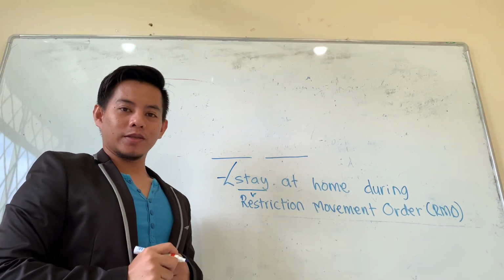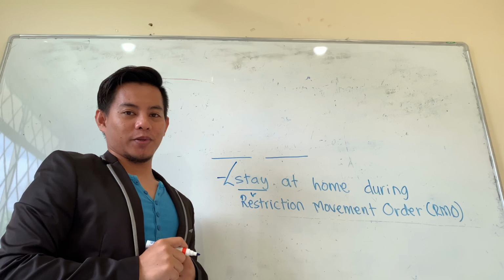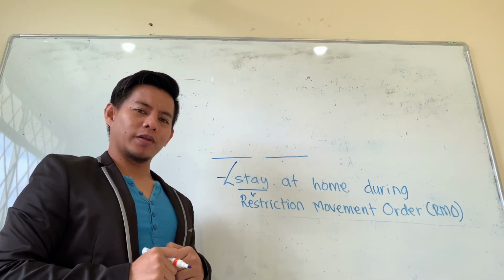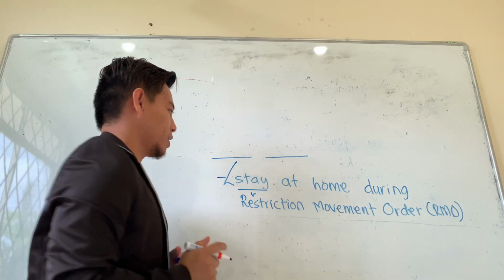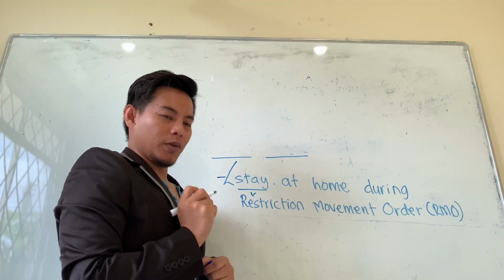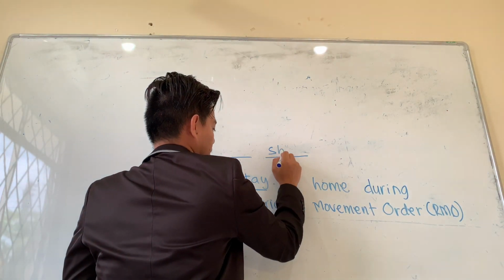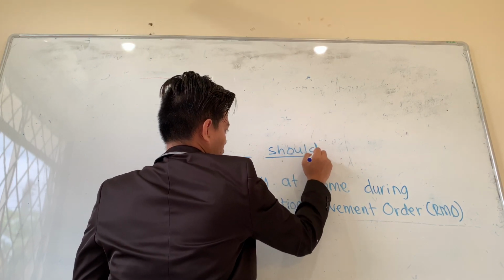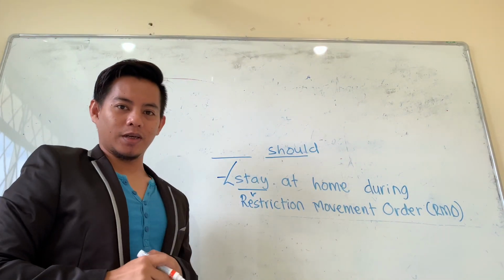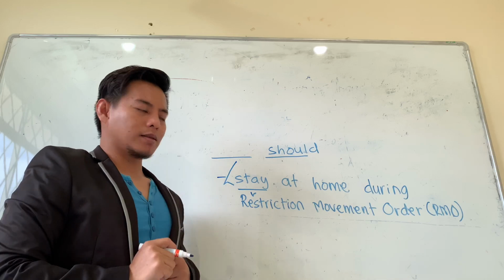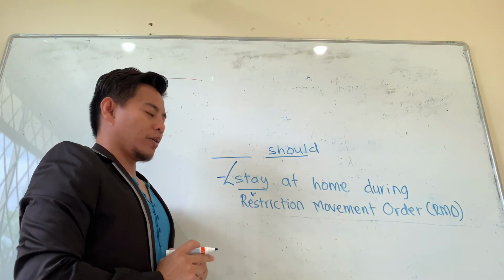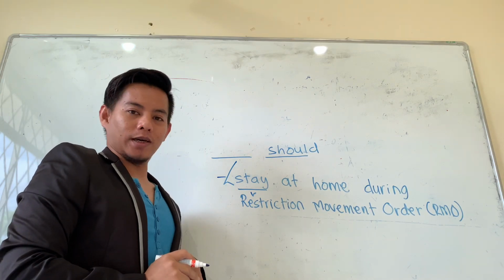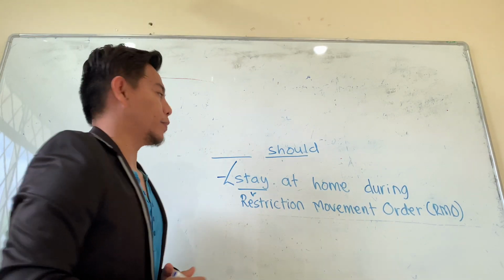One of the words would be your modal verb. So what is the best modal verb that we can use? Should. Should shows obligation. There you go. Now, the question is, who should stay at home during restriction movement order? You can use everybody.